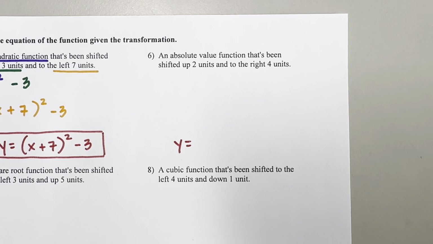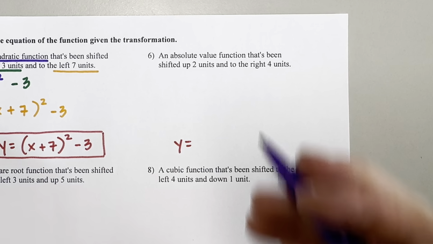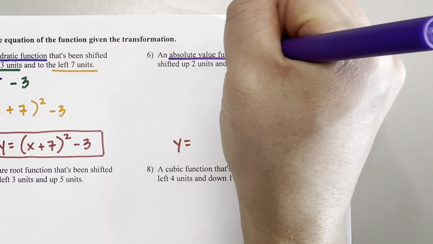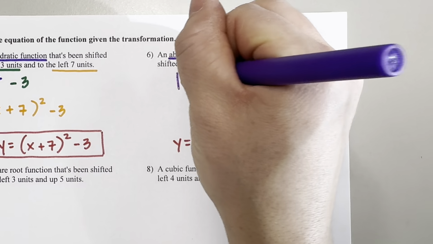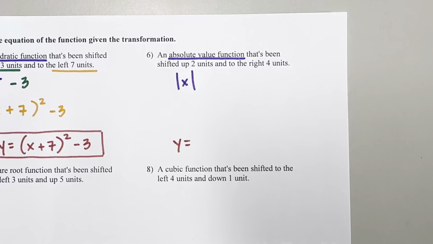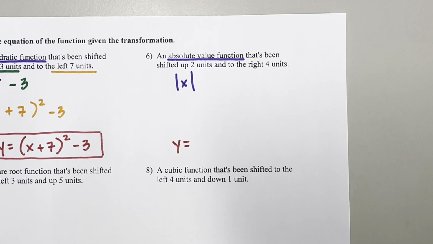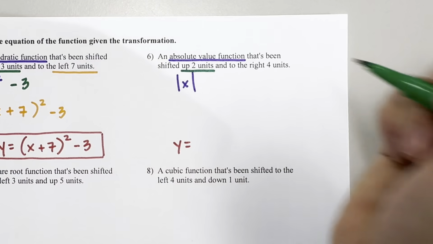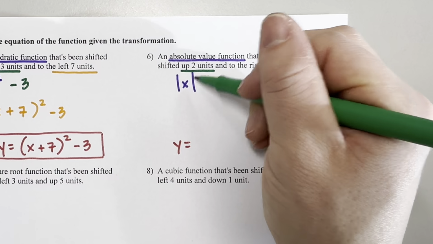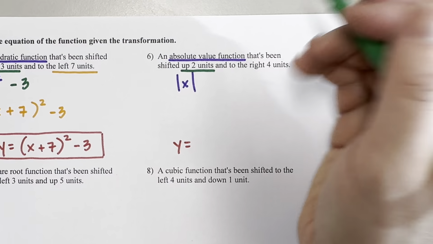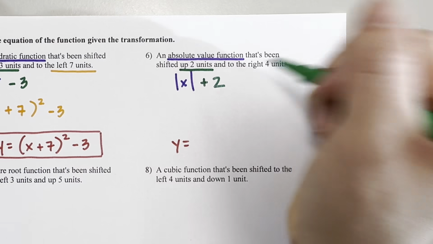Okay, let's keep going. Number 6. An absolute value function. First it usually tells you what type of function it is, which means an absolute value function. That's been shifted up 2 units. On the outside of the absolute value, because they act like parentheses, it's going to be a plus 2.